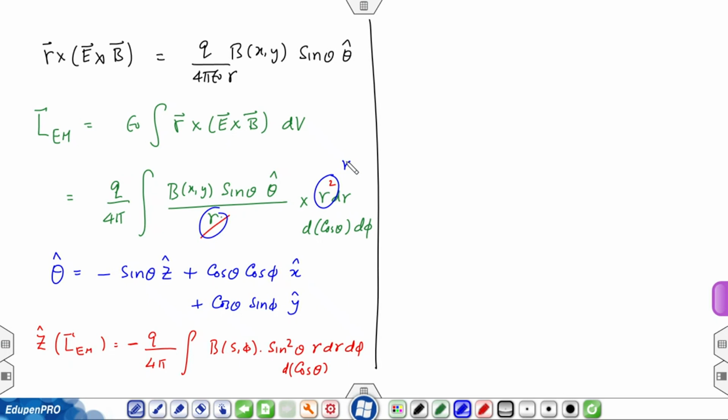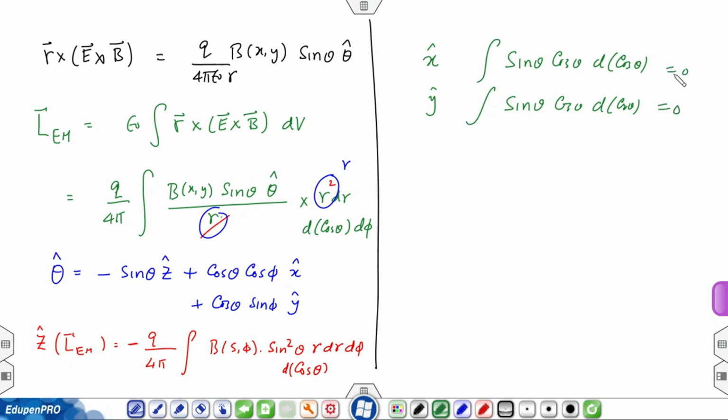That is how I got this. And the x component would involve an integration sin theta cosine theta d cosine theta. Y will involve sin theta cosine theta d cosine theta, and both these integrals are 0. So, theta integral gives me 0 for x and y. So, the only component that survives is the z component.